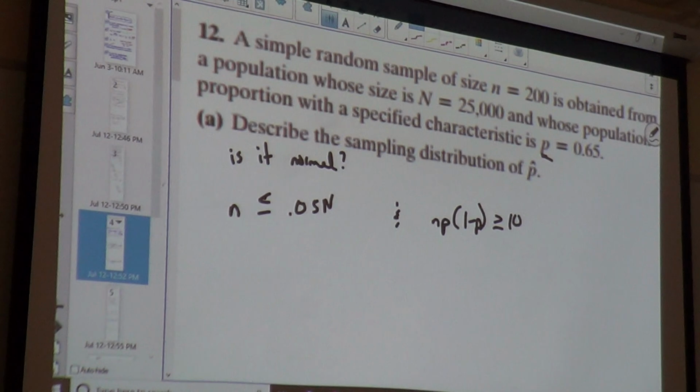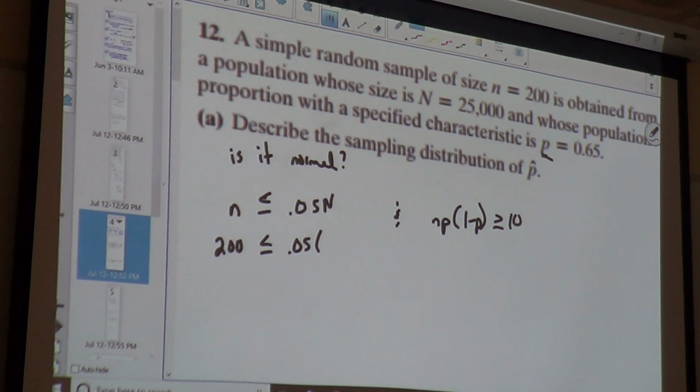So for the first one, what is little n? 200. Is that less than or equal to 0.05 times what? 25,000. So I'm going to go to my calculator.